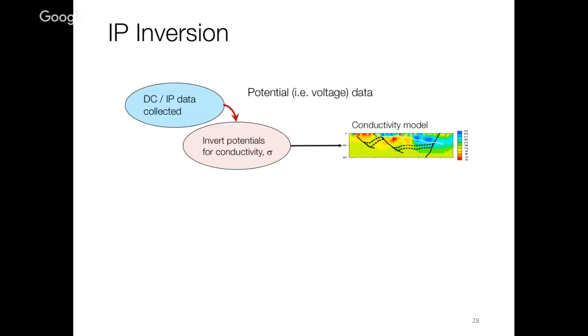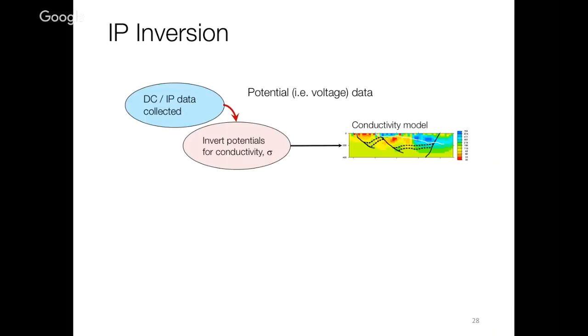It's a two-stage process. So the very first thing is that we're going to go out and we're going to collect the DCIP data. Then we're going to take the DC data. Okay, so those were final potentials that we had. So here was our current, right? And then here's our potentials.